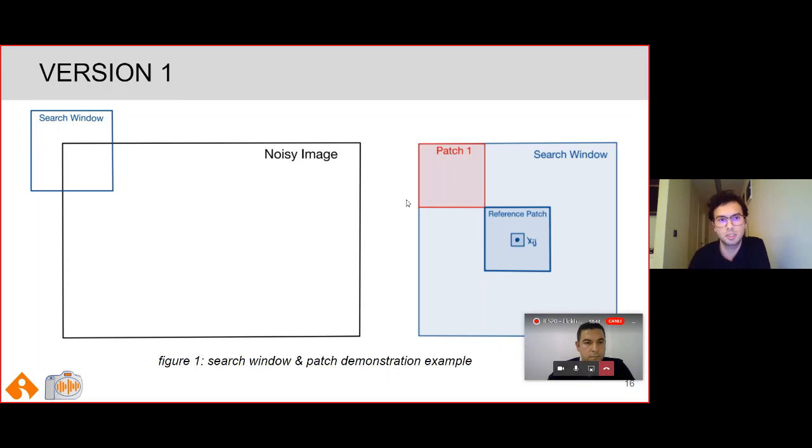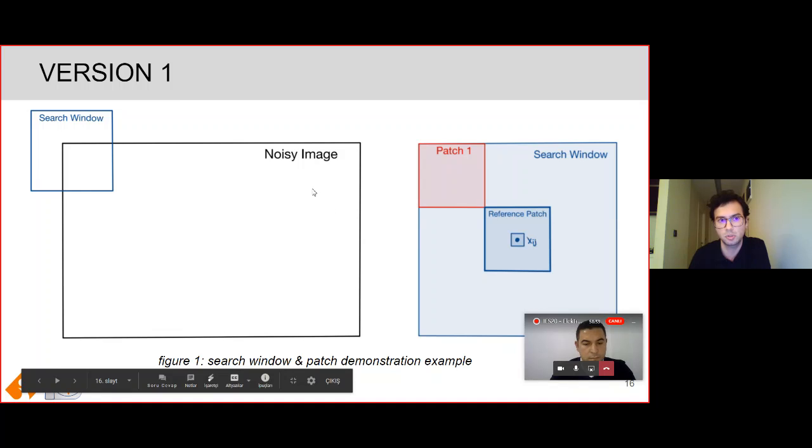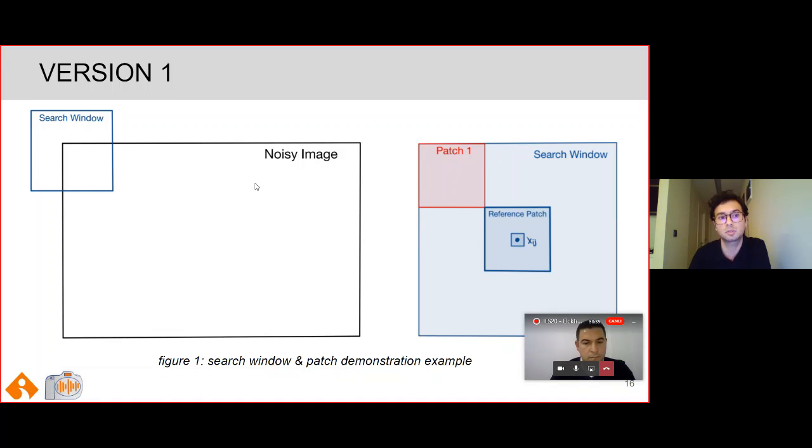The first step of our study is extracting a search window. As you can see, this figure shows a noisy image, and we can extract a search window for each pixel of the noisy image. If needed, of course, padding should be done. After extraction of the search window, we apply patch sizes inside the search window.